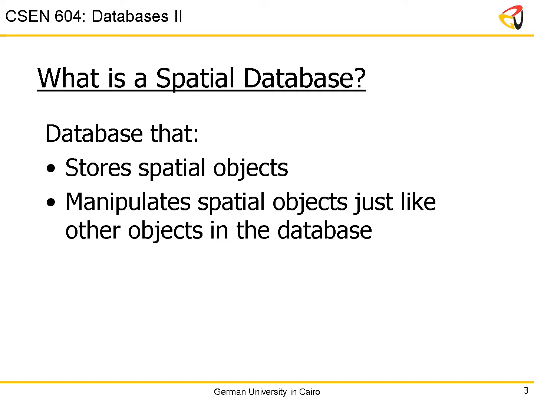Now, as I mentioned already, a spatial database is a database that stores spatial objects. And it doesn't just store them, it gives you an ability to manipulate those spatial objects. What do I mean by manipulating the spatial objects? I mean writing queries that are spatial in nature. So what is an example of a spatial query?